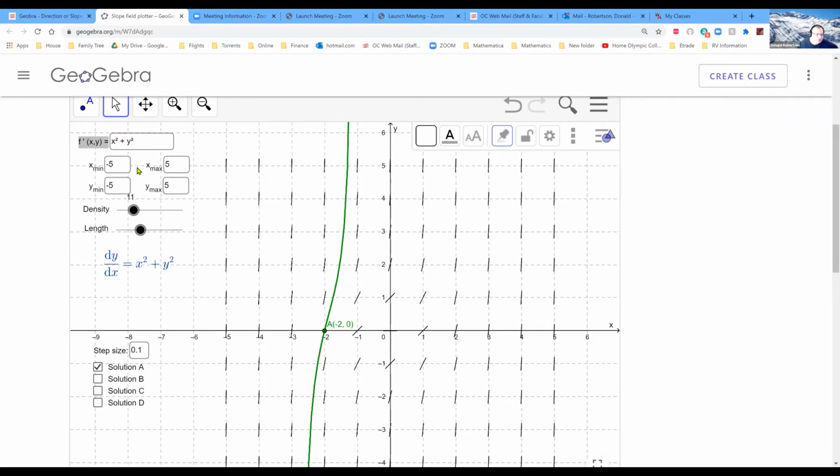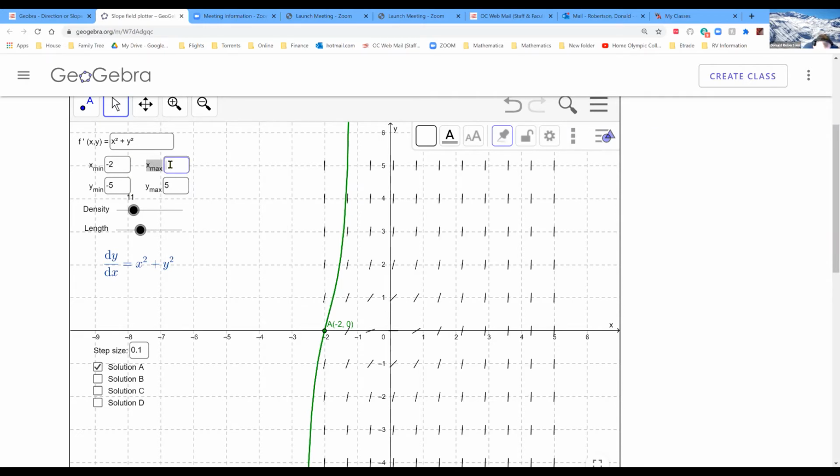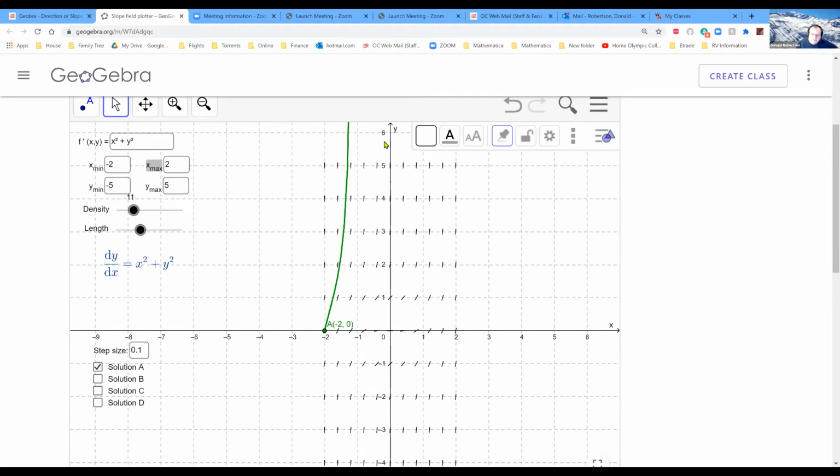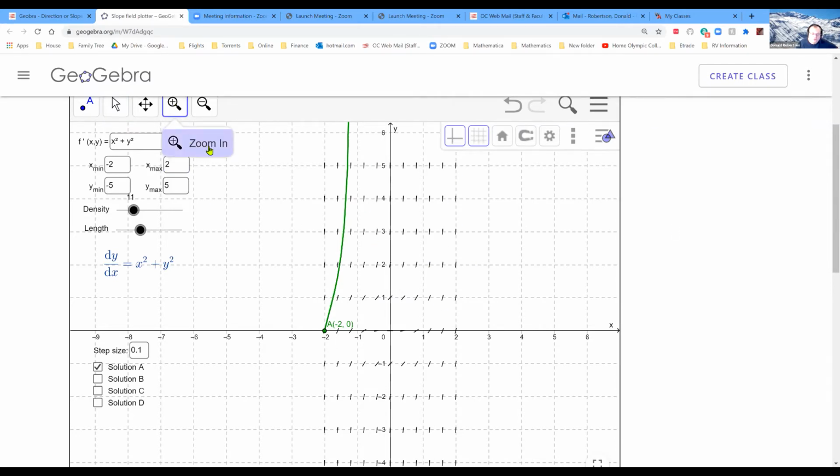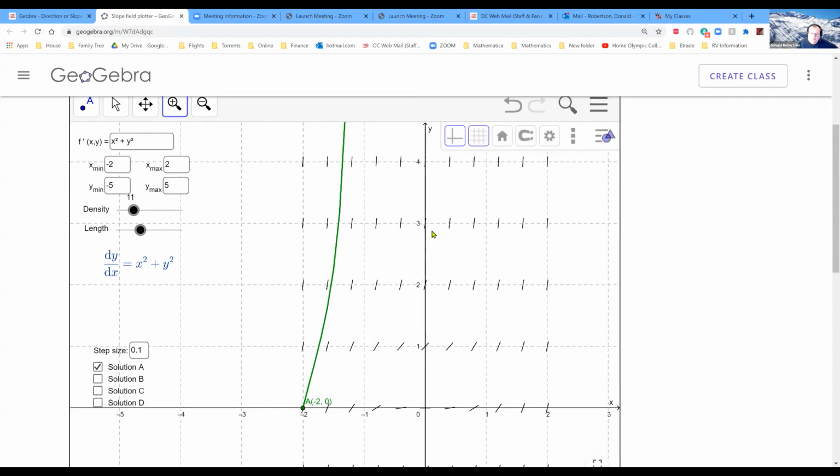And if I don't like the values of x, you can change this to -2 and 2. And click out. And then I think I just do a little zoom in. Come on, zoom in. There we go.